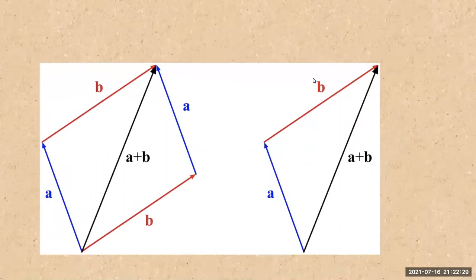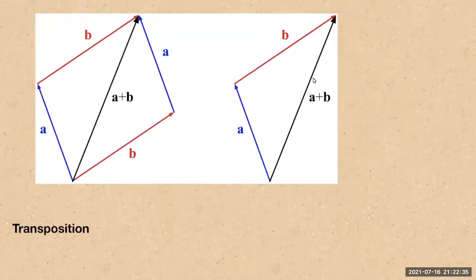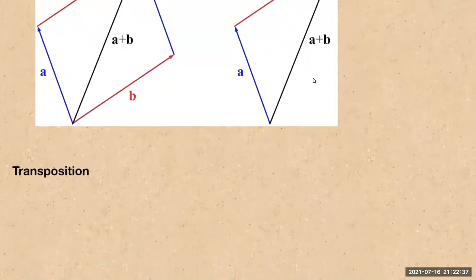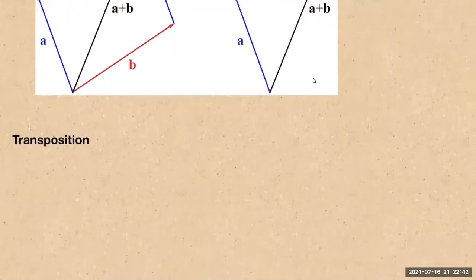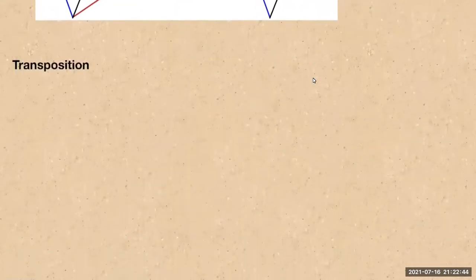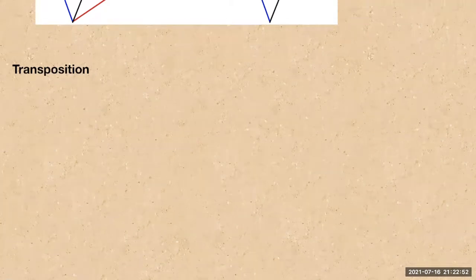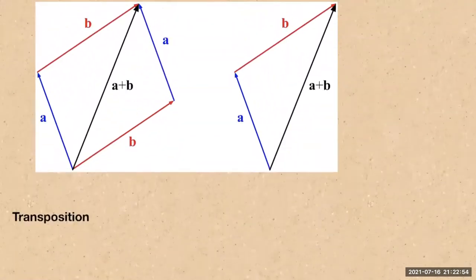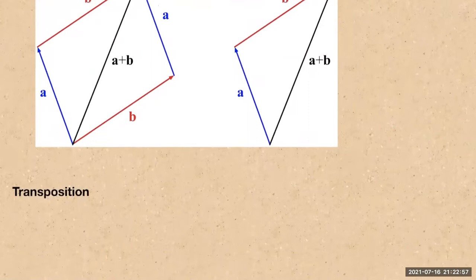There are 2 possible ways to do that. Here, on the right side of this graph, I have A plus B represented by vector A and then vector B. I start with vector A, this vector here.